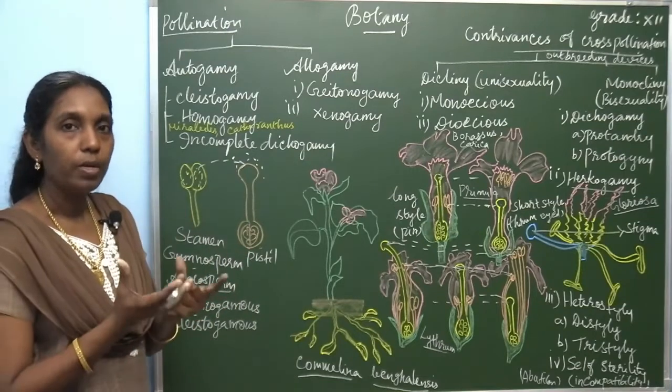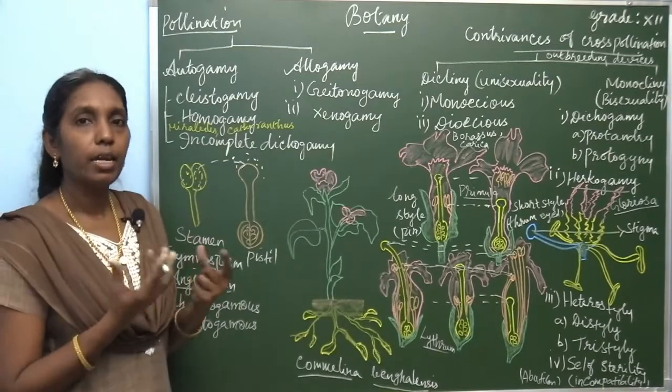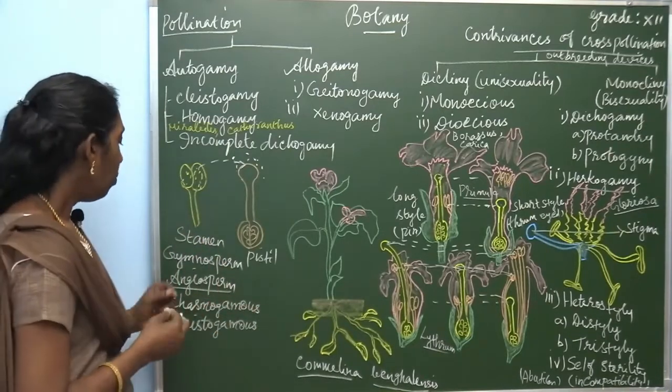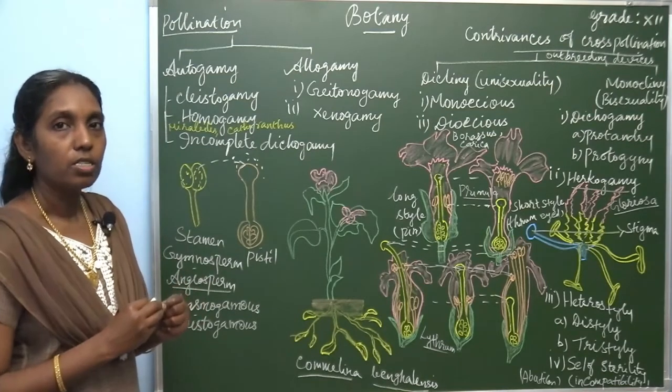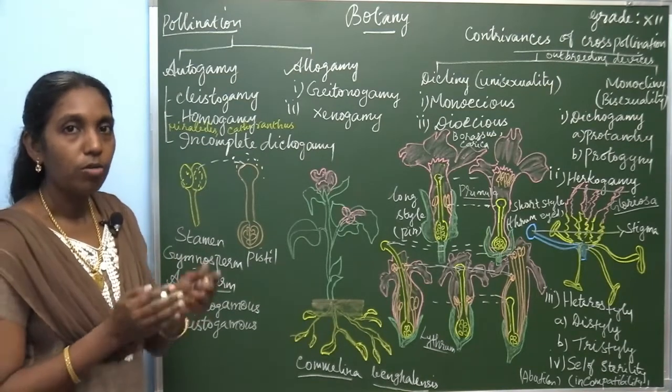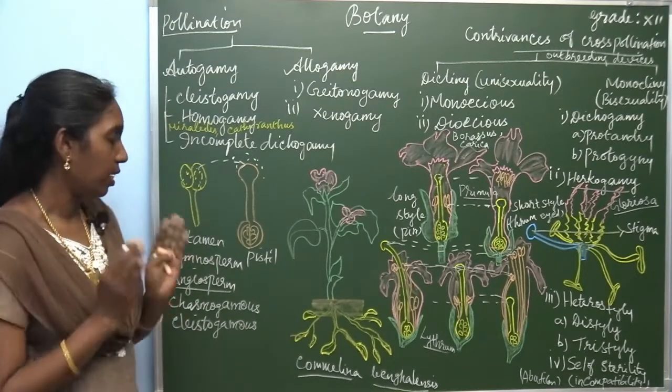The flowers are open and the stamen and pistils are exposed out. While in clistogamous flowers, these organs are not exposed out, which is closed. The flowers are not open, the flowers are closed flowers.